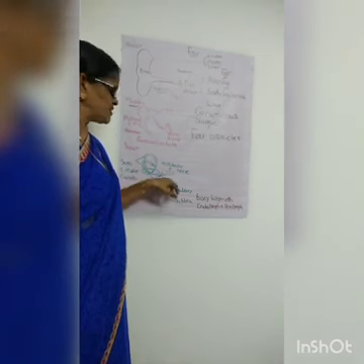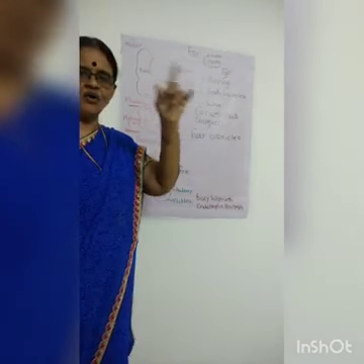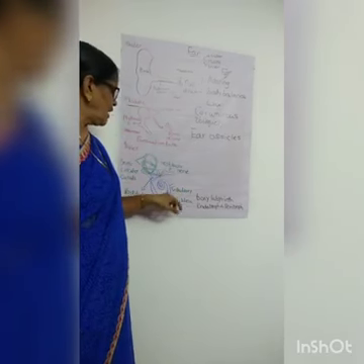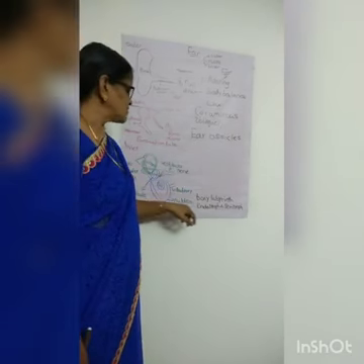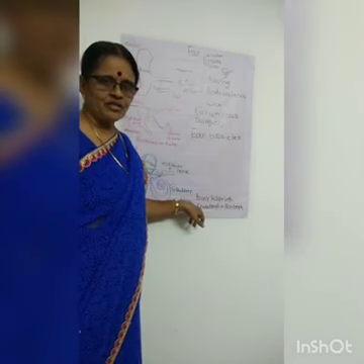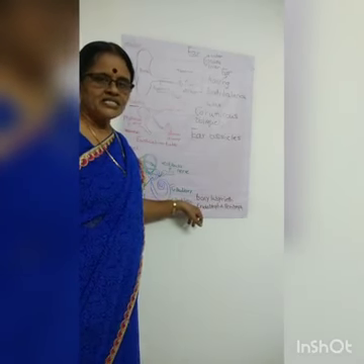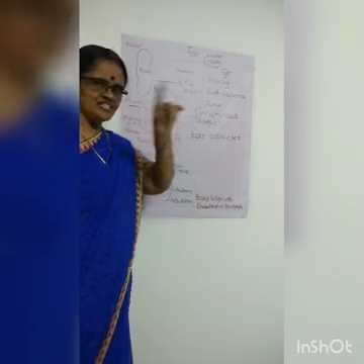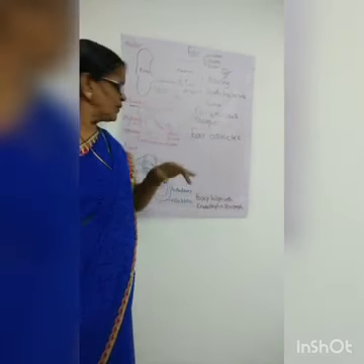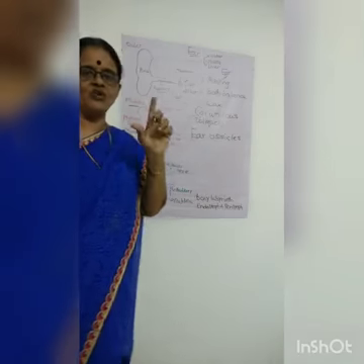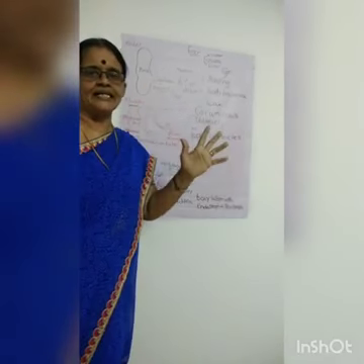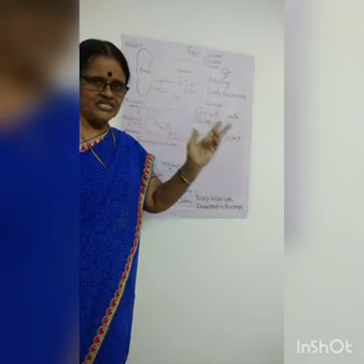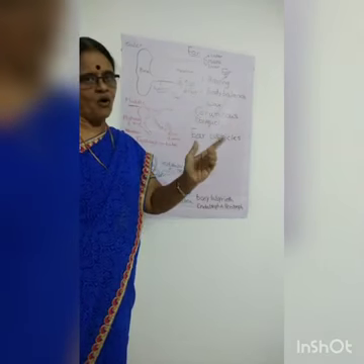At the end of the vestibule, you have a highly coiled region, like a snail's shell you have seen, and that is called the cochlea. C-O-C-H-L-E-A. It is the shape of a snail's shell. So these are the 3 parts of the internal ear: the semicircular canals, the vestibule as well as the cochlea.